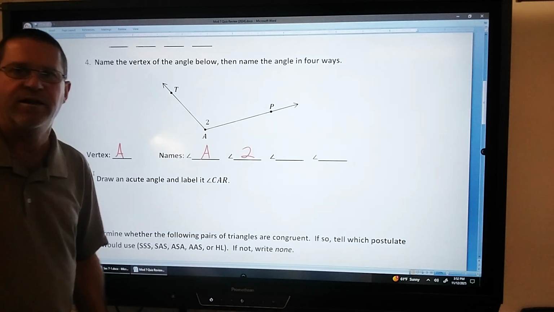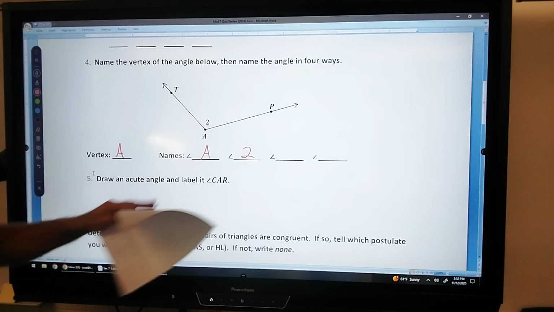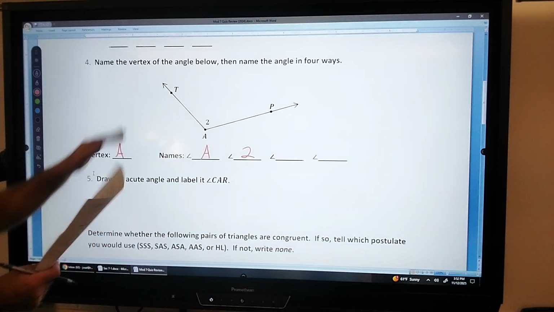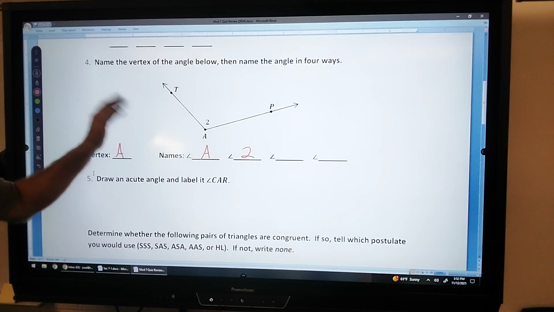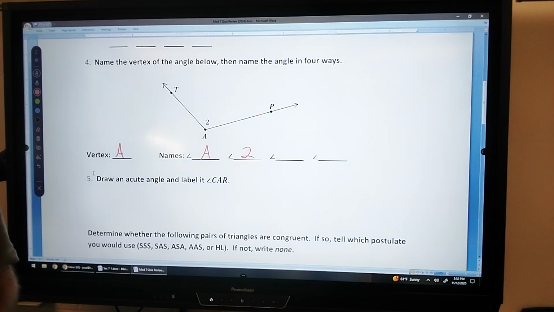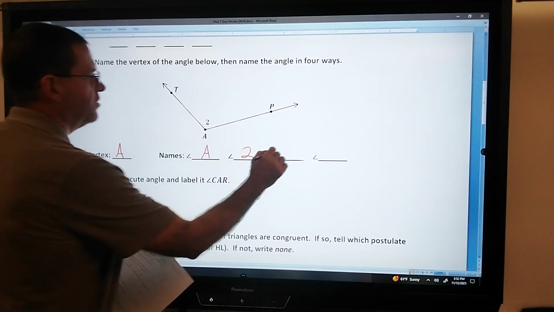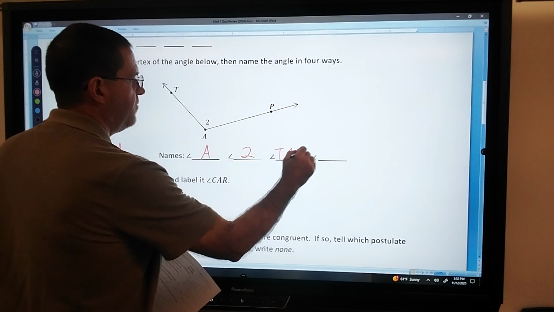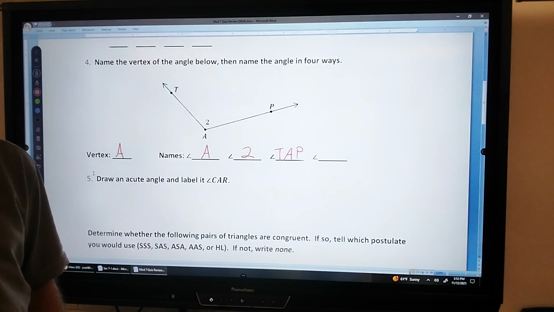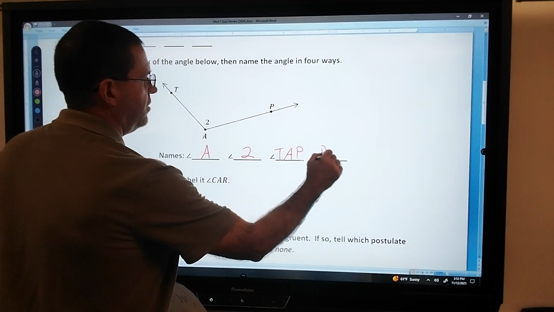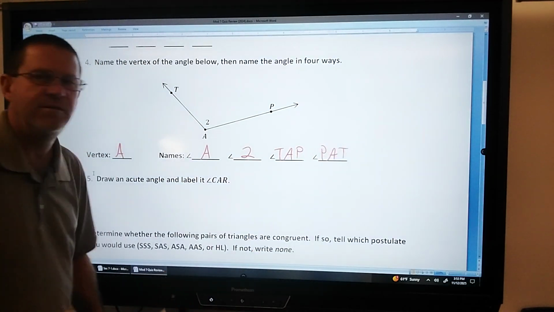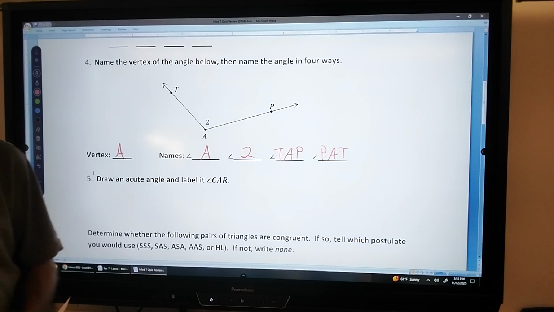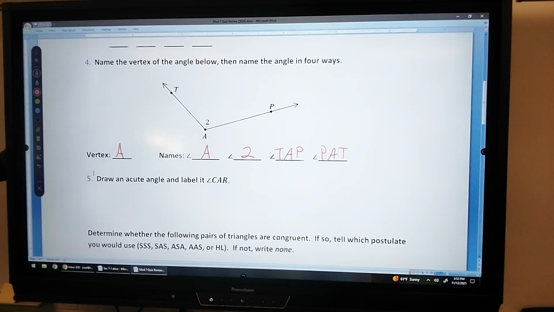That is your second option. And then your last 2 options, you're going to use all 3 letters, but the catch is letter A has to be the middle. So we have TAP, and then you can simply turn it around, PAT. So TAP and PAT, along with those 2, and you have your 4 ways to name the angle.